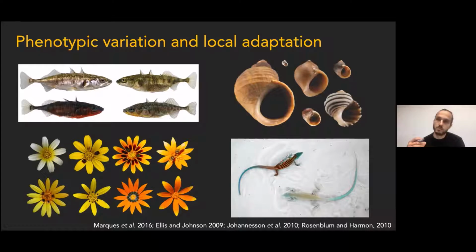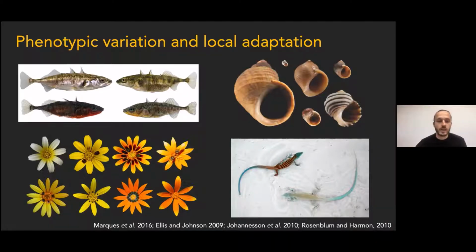This is partially because it allows us to better understand the evolutionary mechanisms, the way in which this adaptive variation evolved, and what the forces are that control the evolution of this variation.